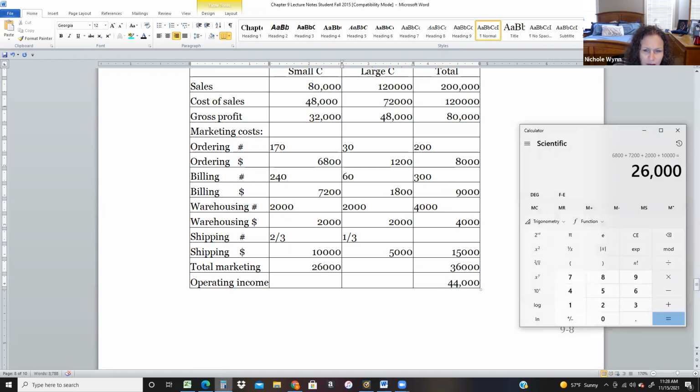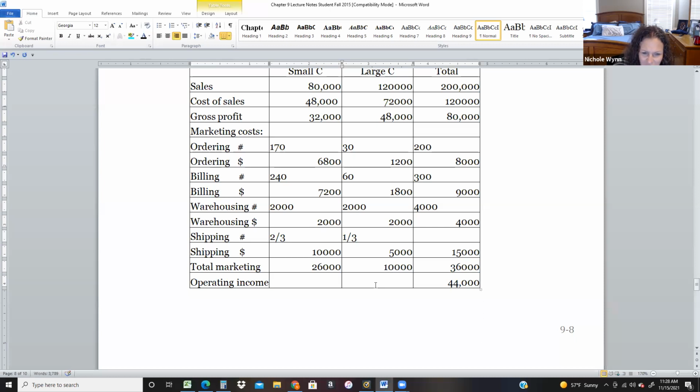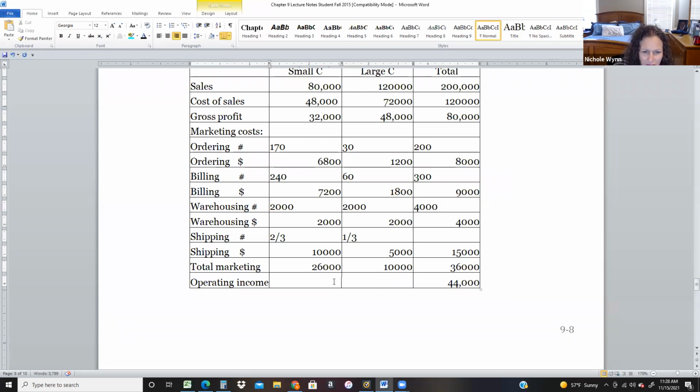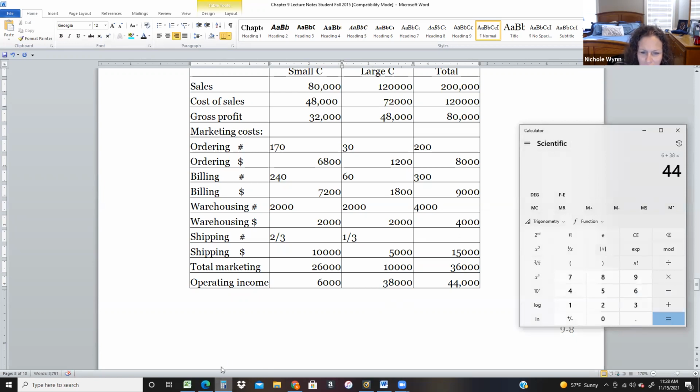And then 1,200, 1,800, 2,000, and 5,000. 10,000 here. So 26 and 10 equals 36. 32 minus 26 is 6,000. And 48 minus 10 is 38,000. And then 6 and 38 is 44.